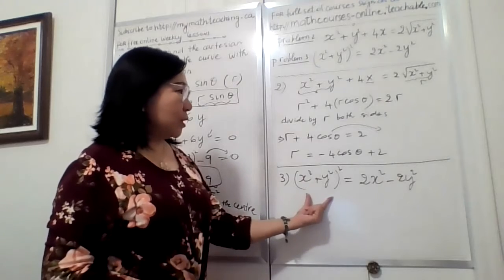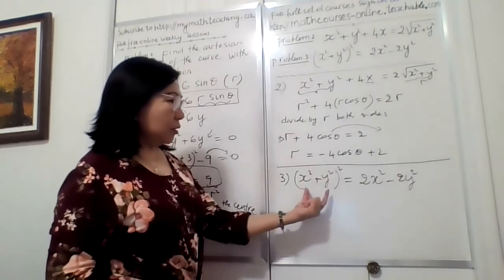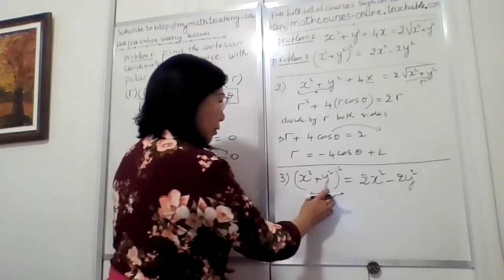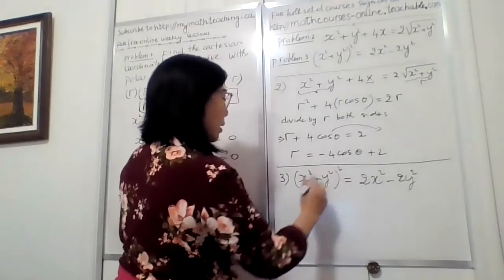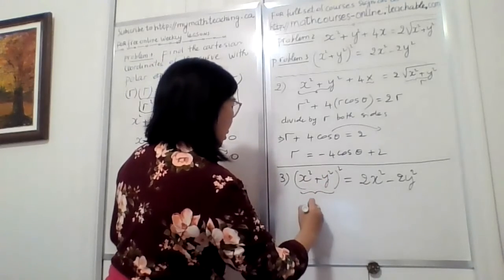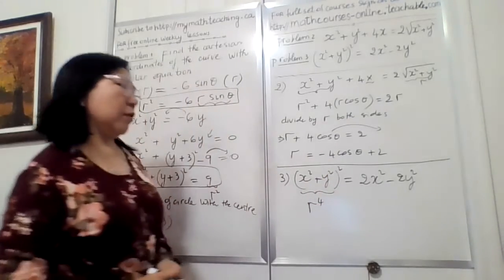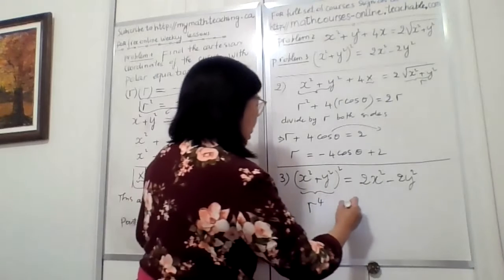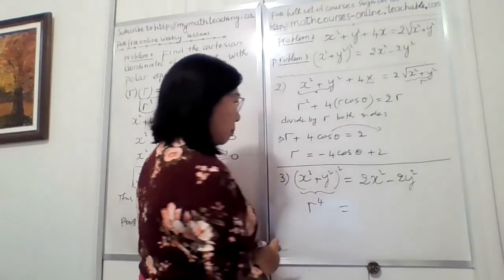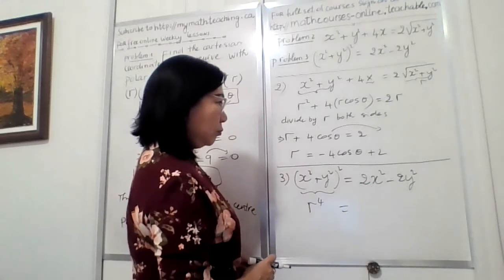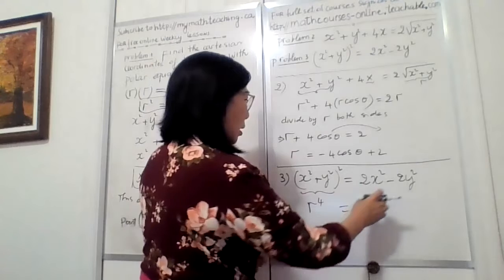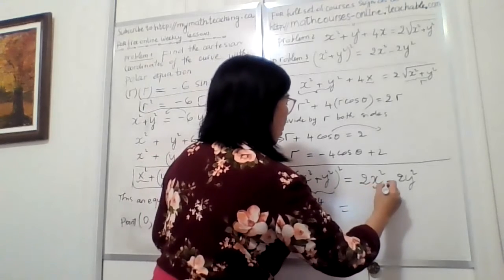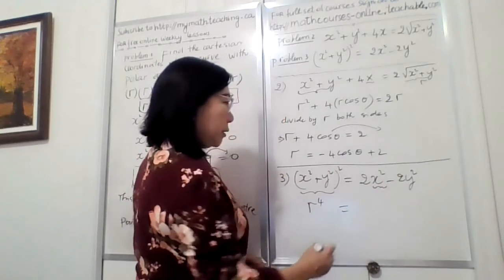So x squared plus y squared to power 2. This one is r squared already. And then we square again, right? So the whole thing here will be equal to r to the power 4. This I'm going to change into r cos theta, right?